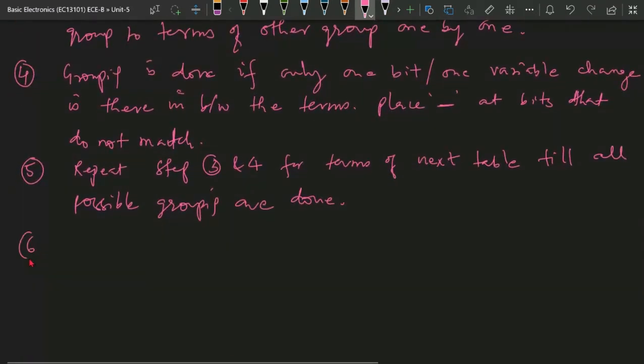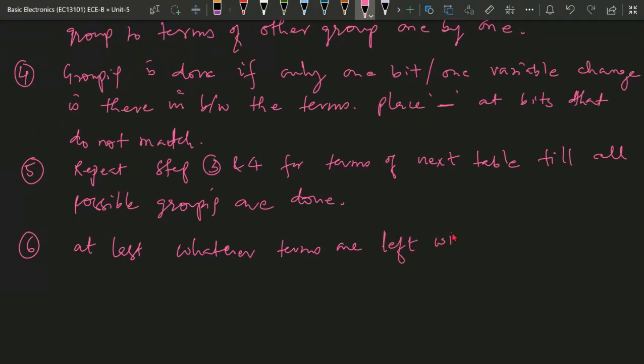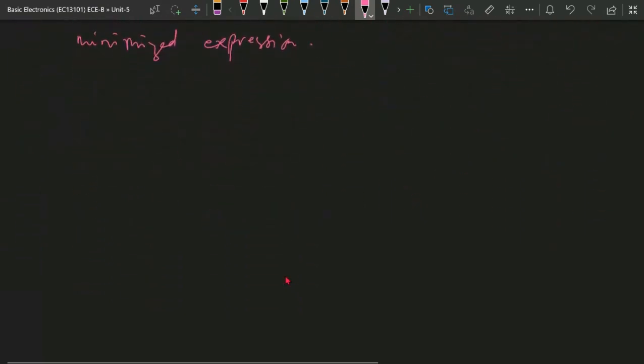Then at last, whatever terms are left will provide the minimized expression for the function. Whatever I am telling, we will look at with an example to see how it basically works. Once we take an example, it may be more clear to you.